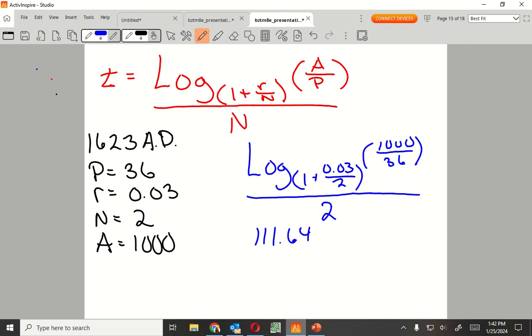And now we have to go forward how many years? 111.64. And I believe the thing says round up, right? Yeah. So we would round it. So it'd be 112 plus 1623. So my answer should be 1735. So in the year 1735 is when my account finally reached $1,000.